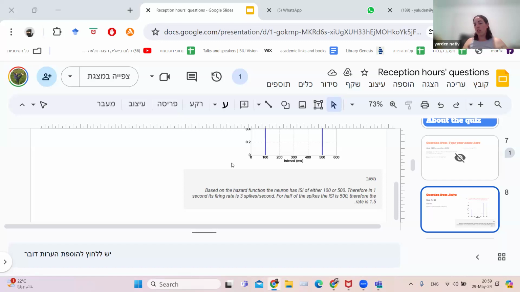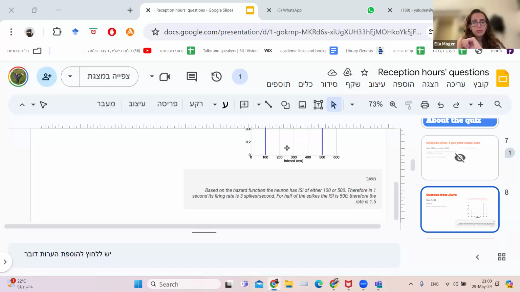Okay, but basically it's how many spikes were in that time. Exactly. So half of the spikes, when you shift by 500 milliseconds, will meet another spike. And these are only the spikes that are interleaved within 500 milliseconds.